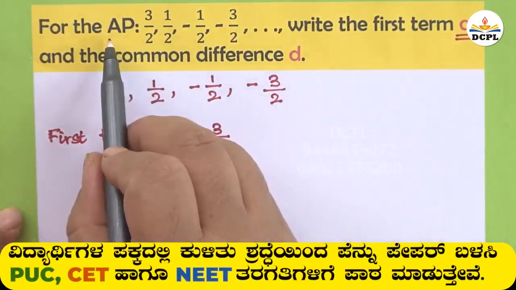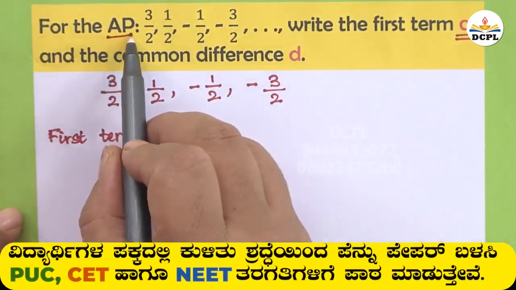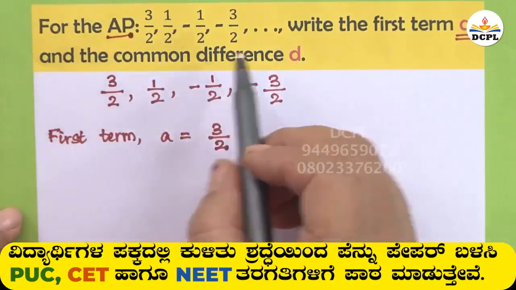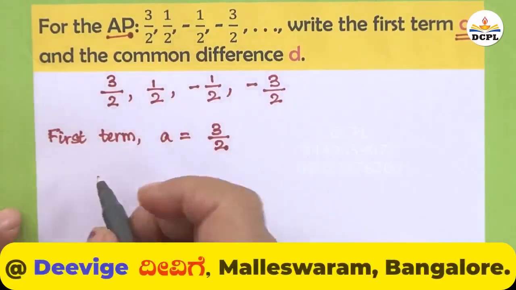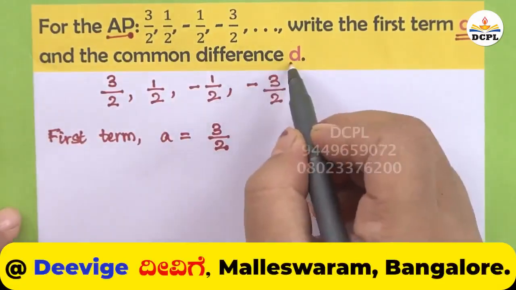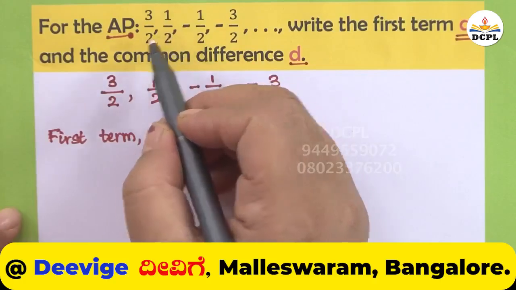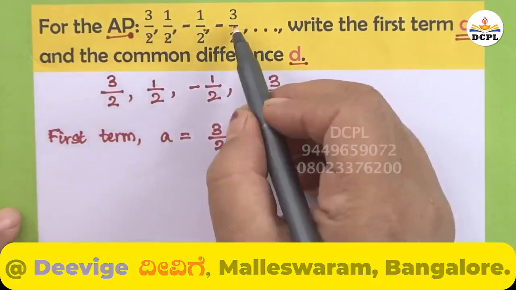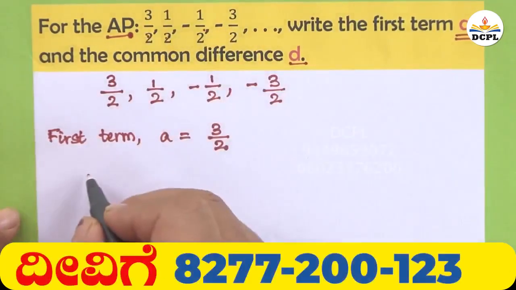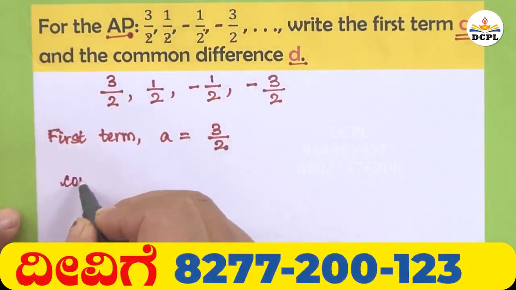Now since they have already mentioned that it is an AP, you don't need to confirm whether the given sequence is in AP. We can find the common difference by subtracting T2 minus T1, or T3 minus T2, or T4 minus T3.